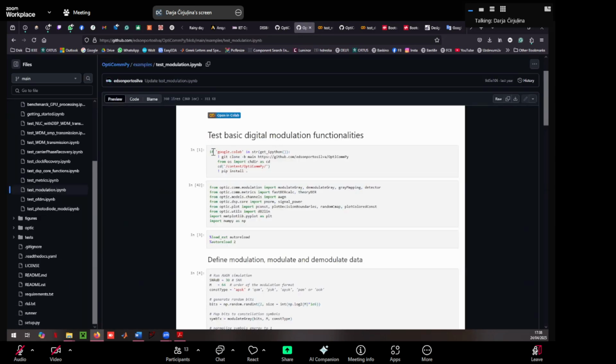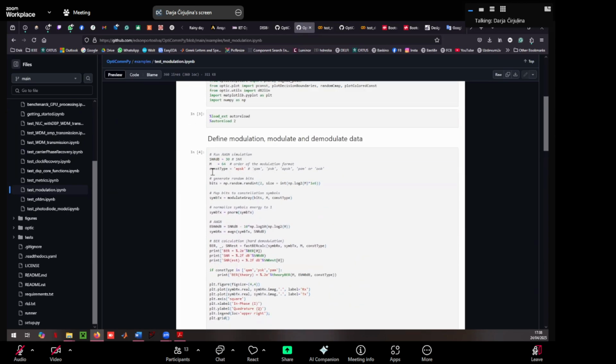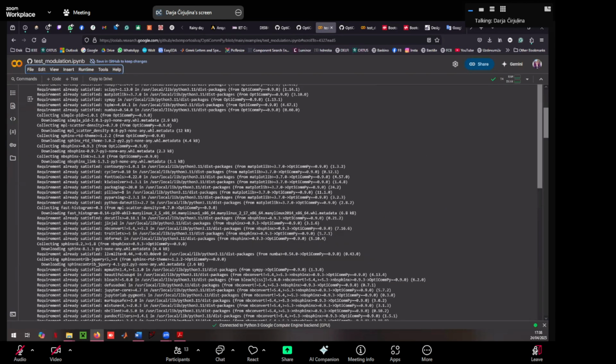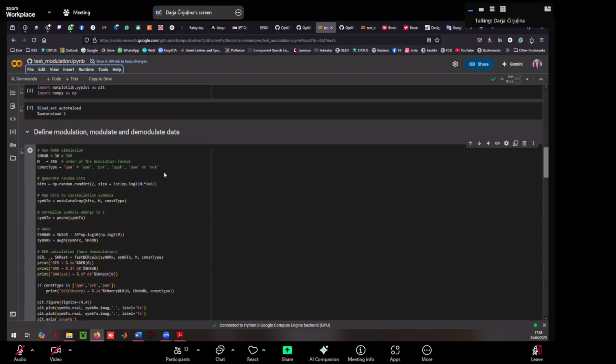Of course, I already opened the codes, and here you can see the preview. You will open it in Google Colab as I already did, and I ran the first section. The simple thing I hope you just remember.